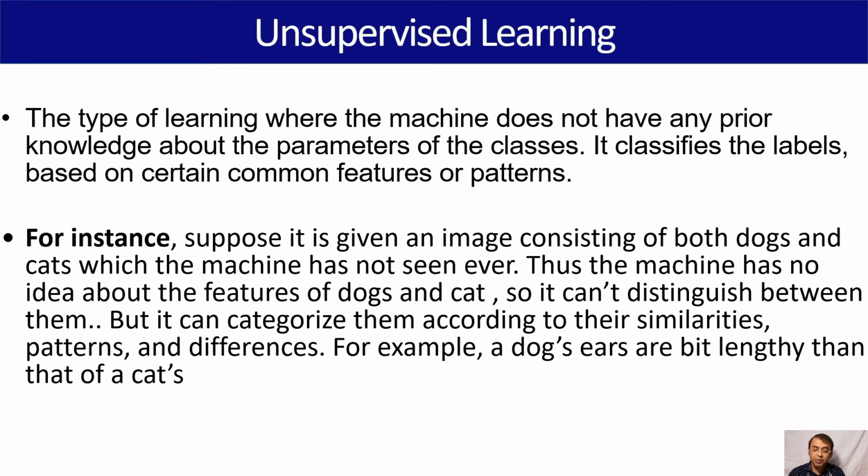Depending on some common features or patterns, the system will recommend that you purchase a belt or a shirt because you are purchasing trousers. That is, we can say, unsupervised learning.